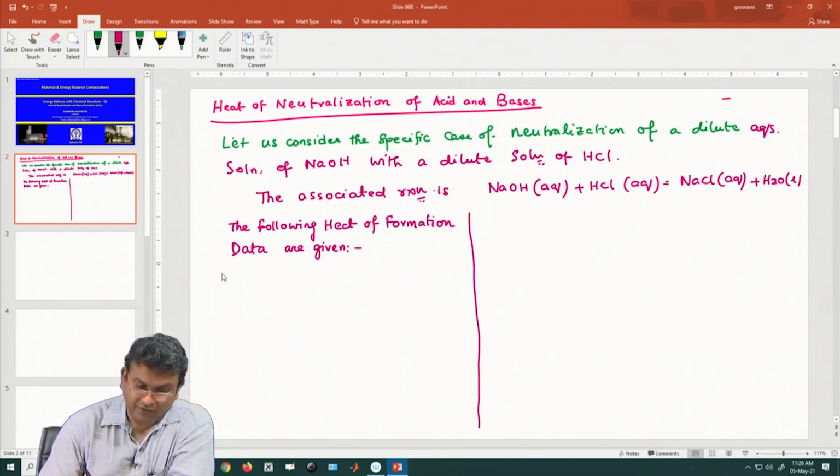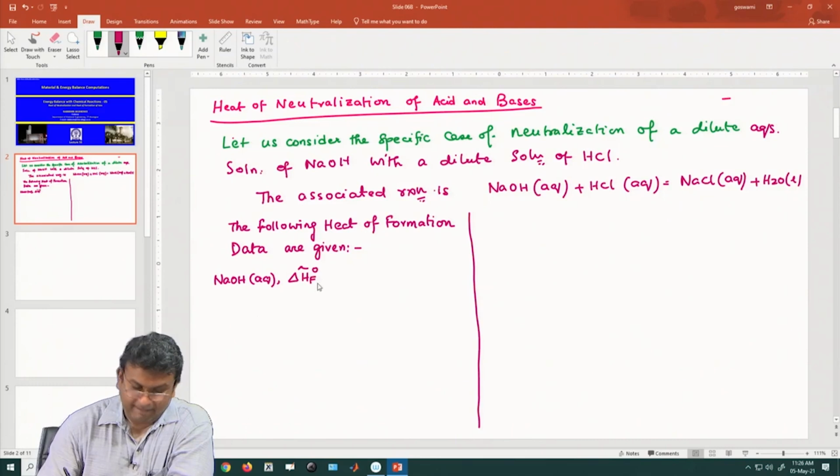For NaOH aqueous, it is minus 112.236 kilocalorie per gram mole.